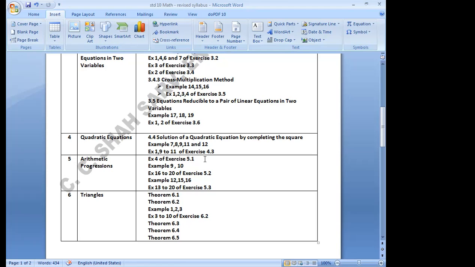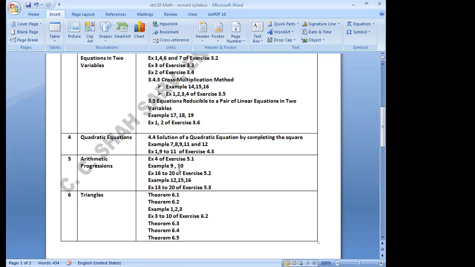Example 4, example 5 included. 103 page number, example 6, example 7, example 8 are included. 104, example 9 is excluded. 105 page number, example 10 is also excluded. Example 9, 10 are excluded.